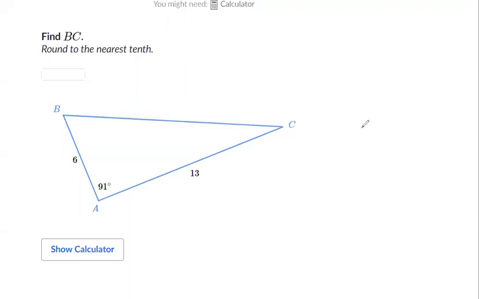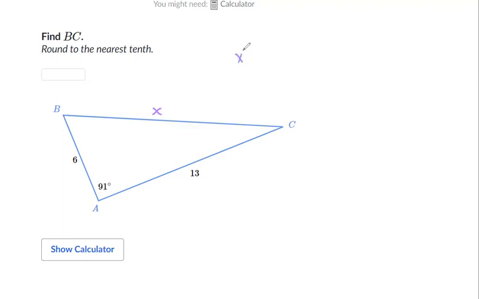Okay, so this is the second question. Now we are looking for the side BC, which I'm going to name X. As in the previous problem, we are going to use the law of cosines because we have two sides and the angle in between those two sides, which is good enough to use the law of cosines.